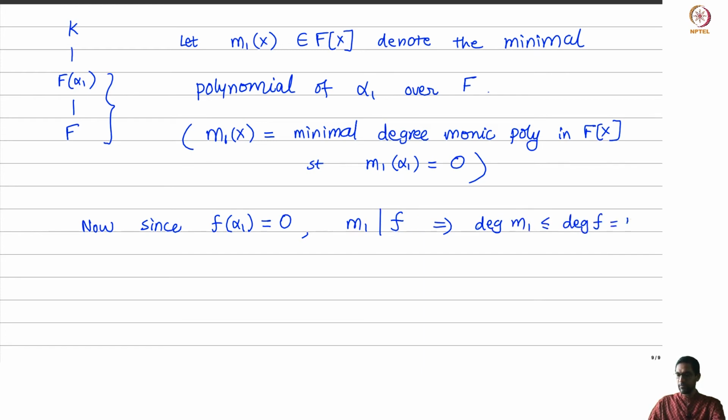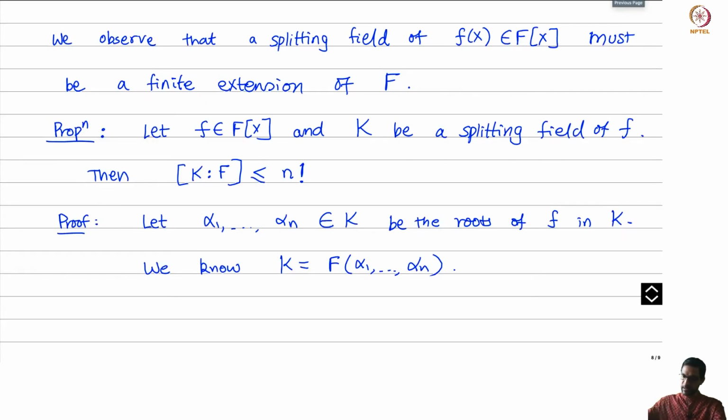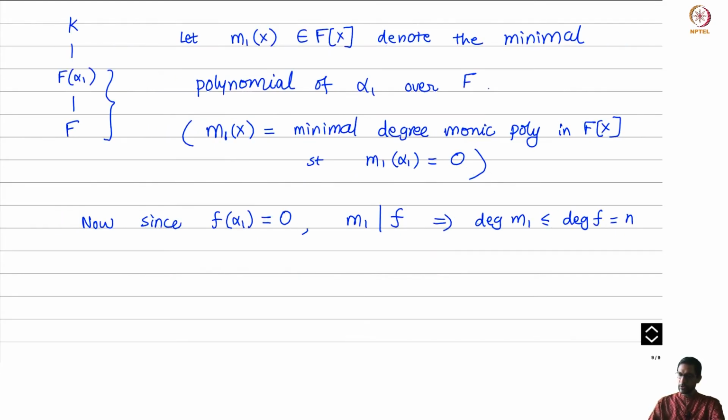The degree of f is what I am calling n, by the way. I should probably have said that in the definition, where n equals the degree of the polynomial f. So at the very first step, the first extension has degree at most n. That's the first observation.